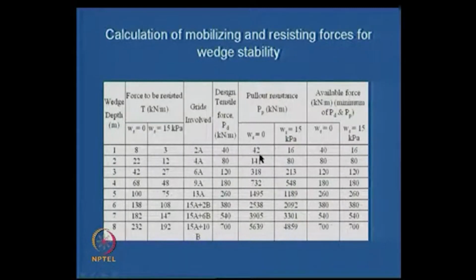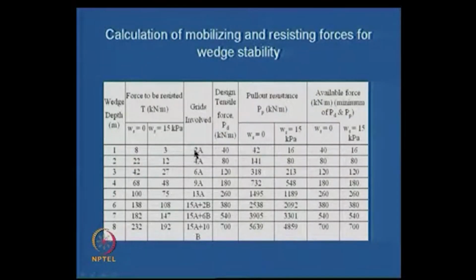Then the pull out resistance available, whatever is the calculated value, is more than what the two materials provide. Whichever is the least, that way we try to see that at every level this is maintained. 42 is more than what is needed; if they provide 2 layers within 1 meter of the wedge, you are providing two materials.